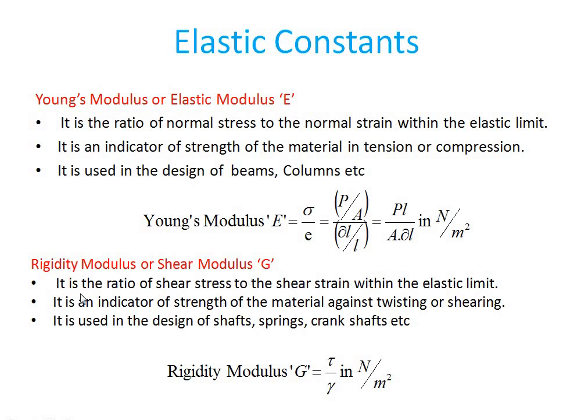So rigidity modulus is the ratio of shear stress to the shear strain within the elastic limit. It is an indicator of the strength of the material against twisting or shearing, that is, whether the material is easily twistable or easily shearable or not.